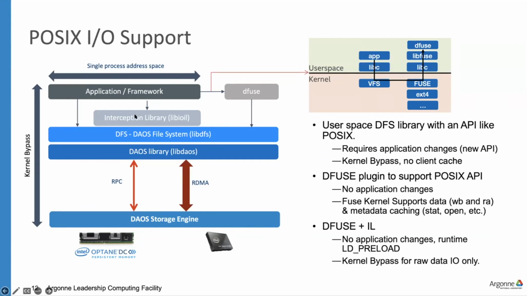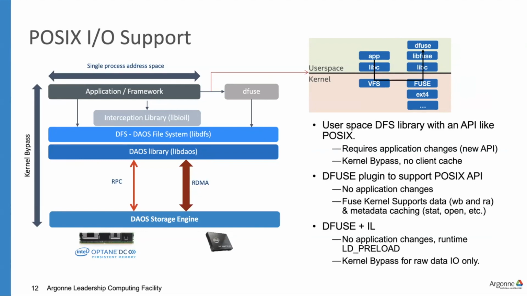Another method to use POSIX is through this interception library. So let's say you're running dfuse. You can now link in this interception library using LD preload, if you're familiar with that mechanism. You set an environment variable, you point it to this particular library, and now when you do a POSIX read or a POSIX write, those will be intercepted, and instead of routing into the kernel, these layers of the file system will be linked into your application.